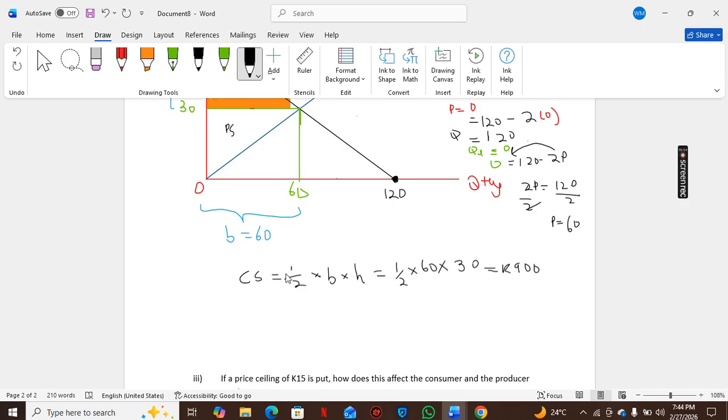The producer surplus: half times B times H. Also the producer surplus is 900 kwacha.